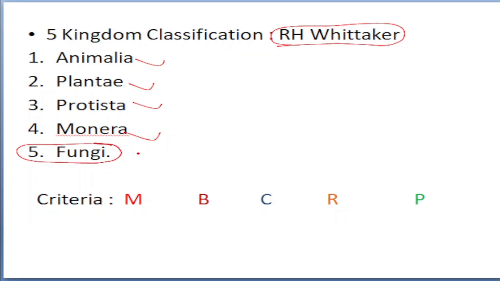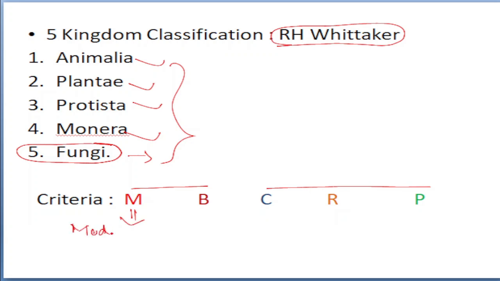Now the criteria which he used in classifying these five kingdoms was on the basis of the mnemonic MBCRP. M denotes mode of nutrition.